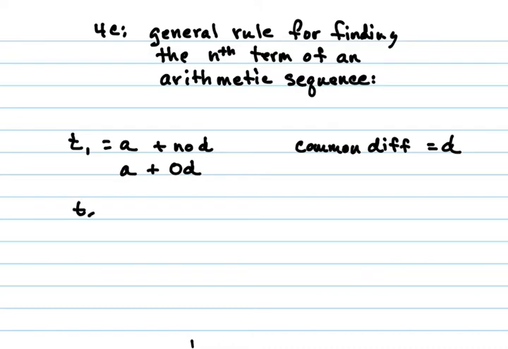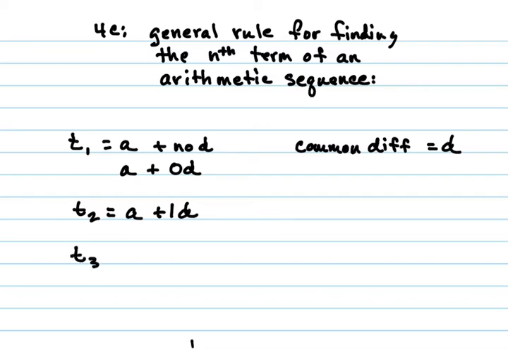So you're really adding 0 times D. To get the second term, we take the first term, and this time we do add the common difference. And if you have one of them, that means you have a coefficient or a multiplier in front of it of 1, right? Because if you don't have a number in front, you always assume it to be a 1.